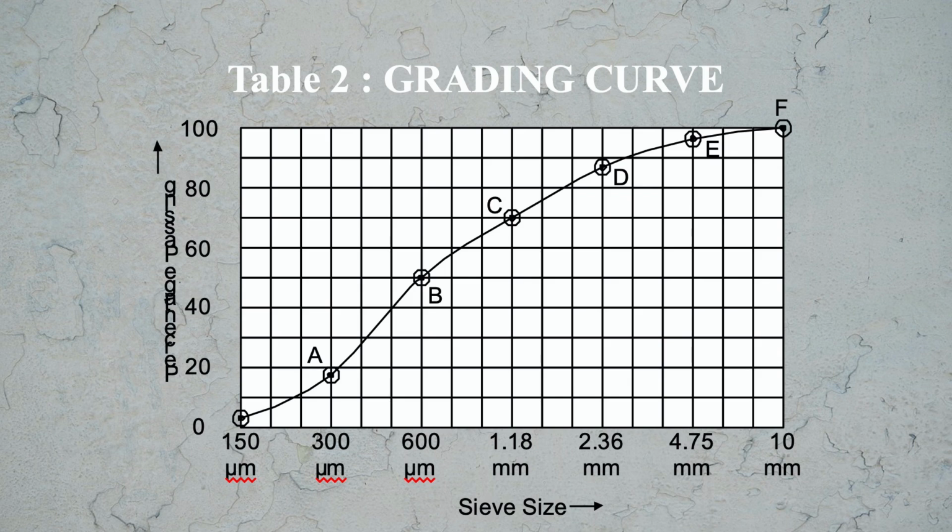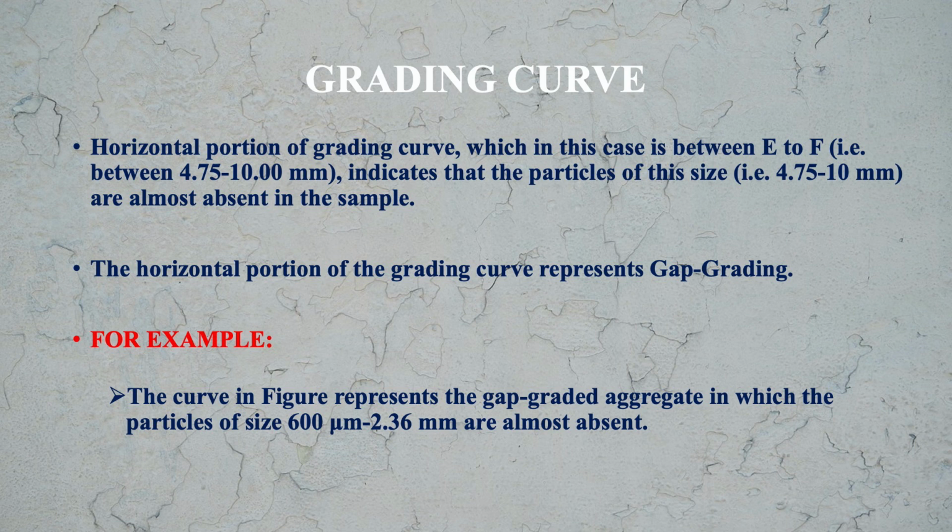The horizontal portion of the grading curve represents gap grading. If some portion of the curve is horizontal, it indicates that that particular size of aggregate is missing. Then it is called gap grading.